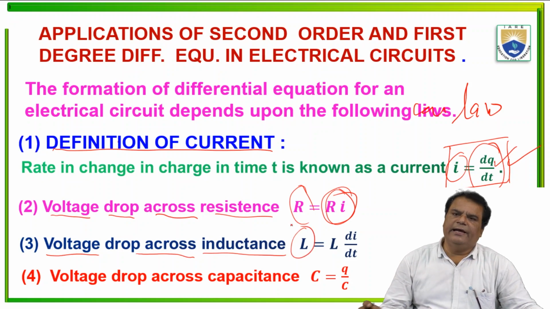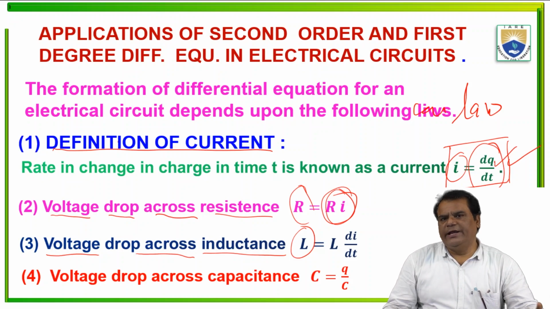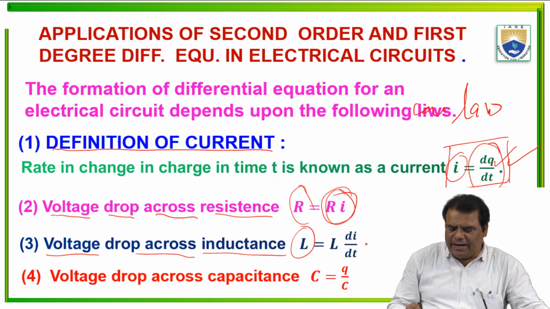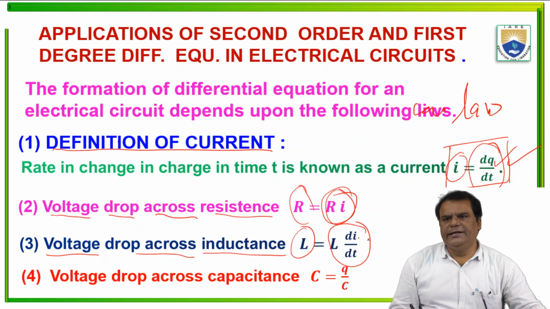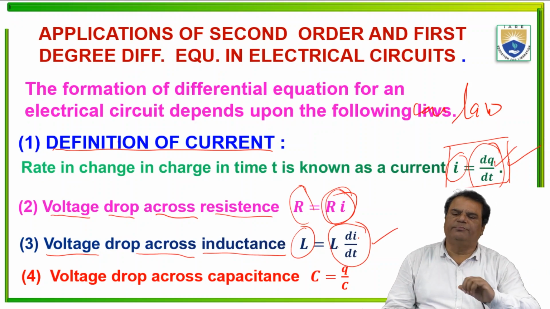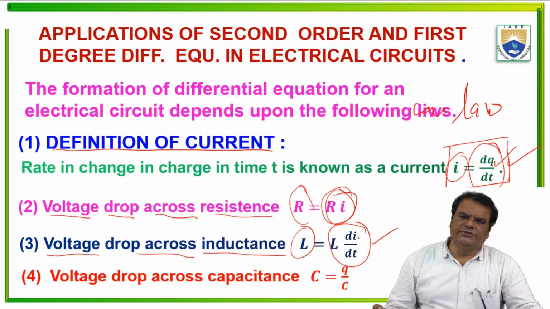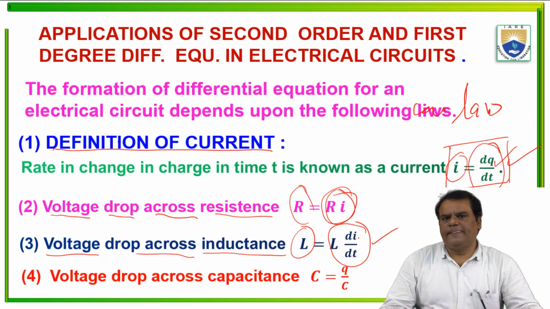L is the notation of inductance. Any voltage drop across the inductance, we write L di over dt. Di over dt is the rate of change of current, multiplied by L. This is the basic terminology which we use in our circuit to make a differential equation.